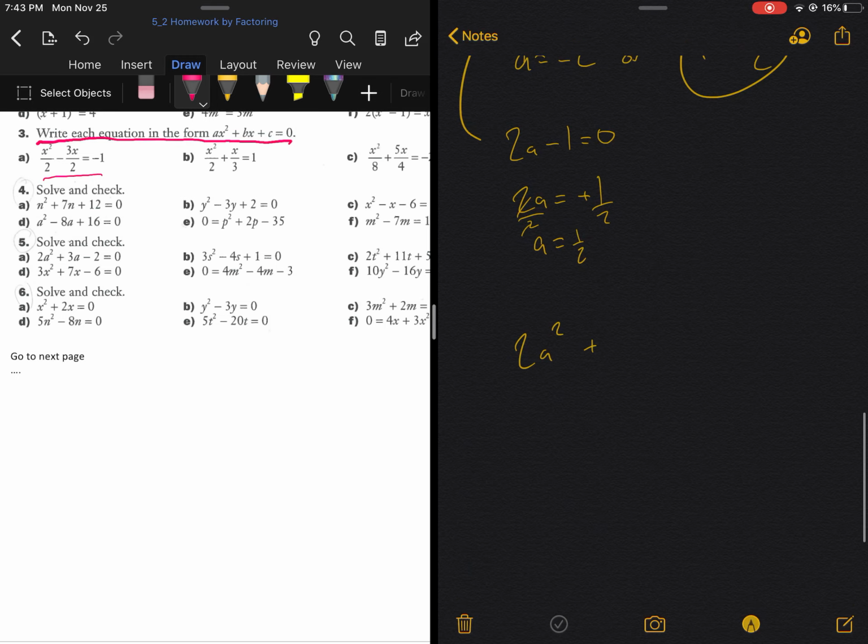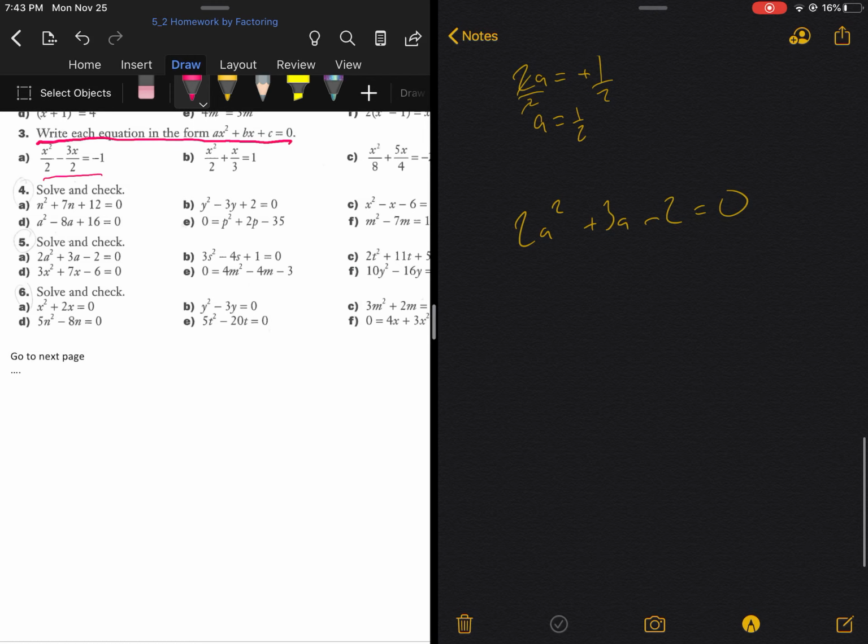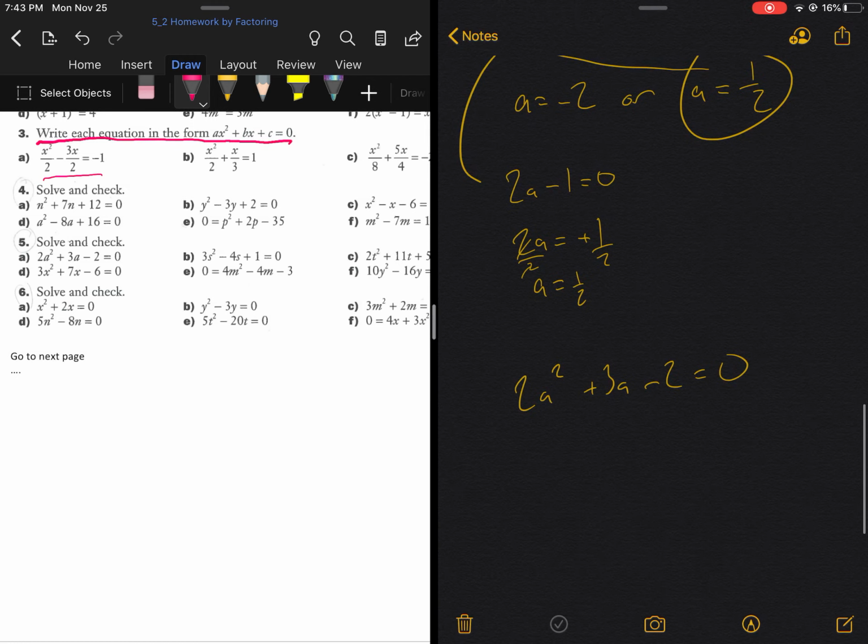So what's this value? 2a squared plus 3a minus 2 equals 0. Let's substitute minus 2. At a equals minus 2, we have 2 times minus 2 squared plus 3 times minus 2, minus 2 equals 0.